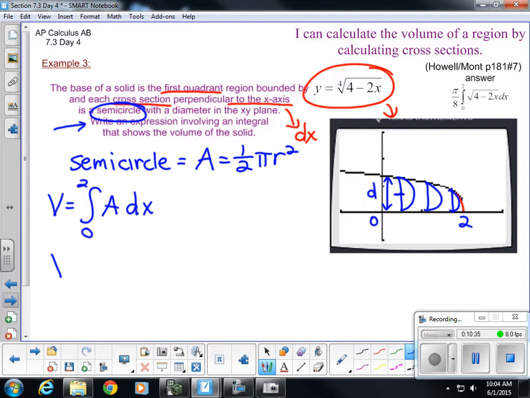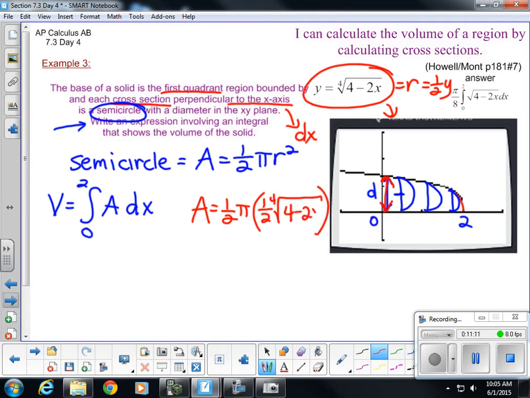And the area is 1/2 pi r squared. So let's work a little bit on our area first. Area equals 1/2 pi, and then r squared. R is equal to this equation. Actually, r is not equal to that equation. R is equal to 1/2 of that equation, right? 1/2 of y, because we said this equation is the diameter, so we want to take 1/2 of that. So 1/2 of this y value is the 4th root of 4 minus 2x, and we need to square that.